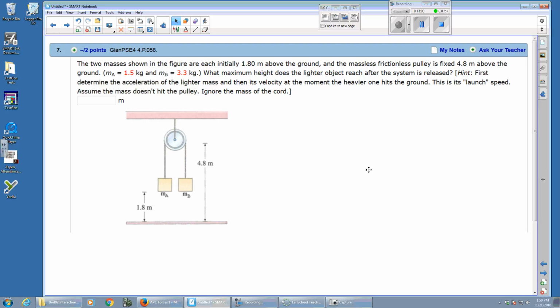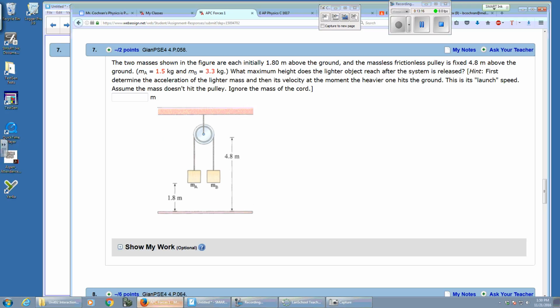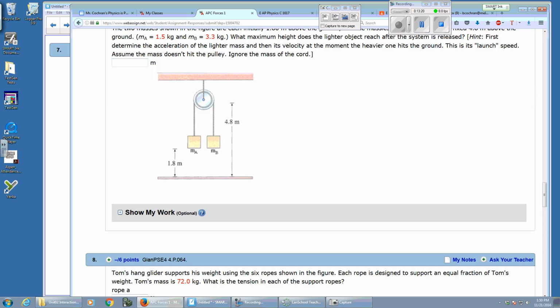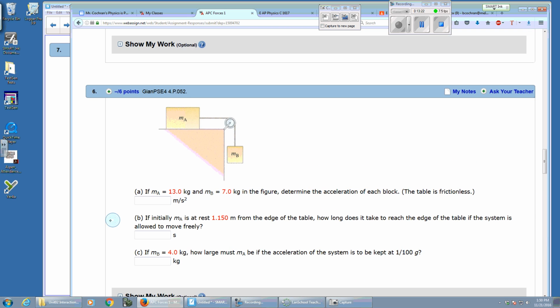We do modified Atwood machines a lot of times, and I know you did these last year, where you had a cart on the track over a pulley to a hanging weight. Kind of like that.